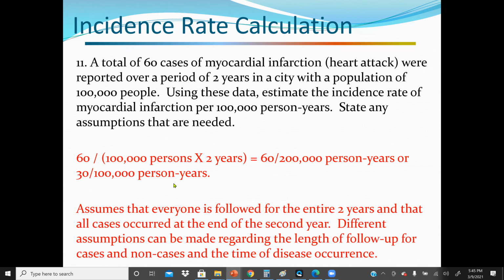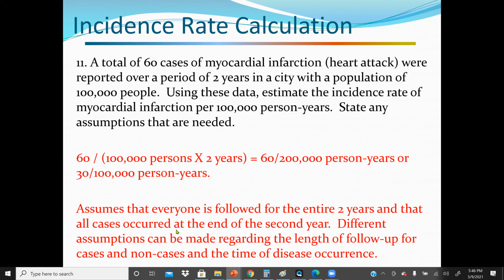So we have 60 cases over 2 years in a population of 100,000. So 60 per 100,000 persons times 2 years, or we reduce it to 30 per 100,000.